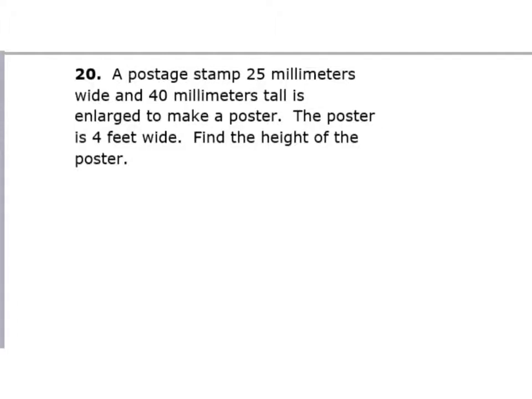The poster is 4 feet wide. Find the height of the poster. When I look at my first sentence, I have a postage stamp that's 25 millimeters wide and 40 millimeters tall. The 25 is how wide it is, and the 40 is how tall it is.